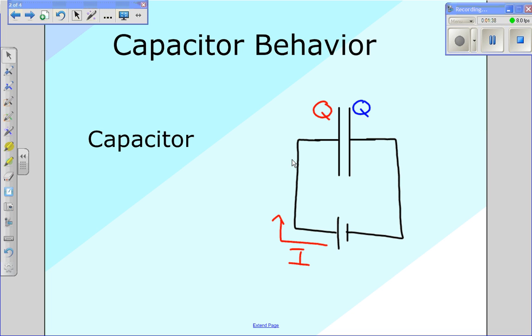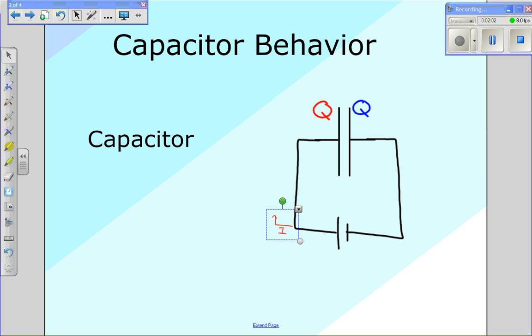of the capacitor. Now, the thing we saw in class is that as we connect a capacitor to a battery, it will build up charge, but slowly over time, and eventually it will be fully charged. So what we're going to see in this circuit is that over time the current is going to drop off, and I'm going to show that right here.